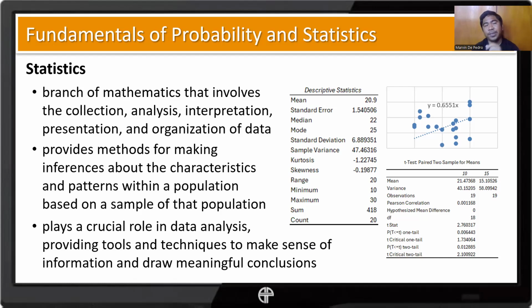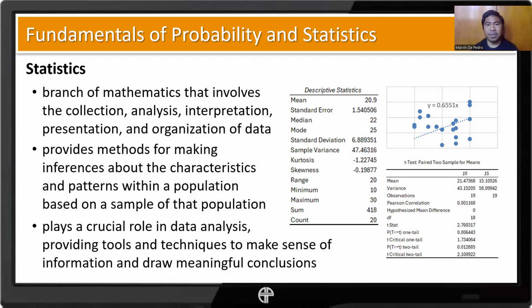So this is a branch of mathematics that involves the collection, analysis, interpretation, presentation, and organization of data. It provides methods for making inferences about the characteristics and patterns within a population based on a sample of that population. And it plays a crucial role in data analysis, providing tools and techniques to make sense of information and draw meaningful conclusions.